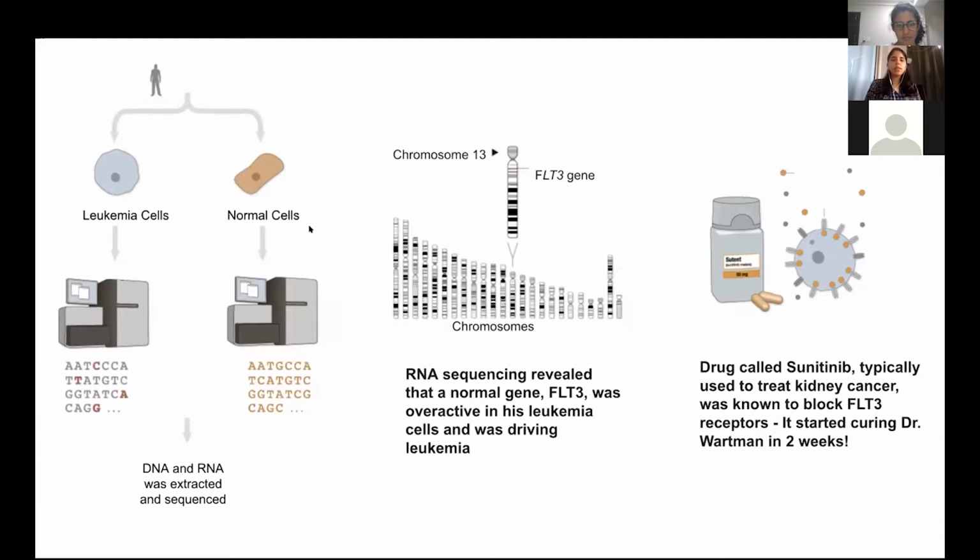So in RNA sequencing, one important step that we don't really care about in DNA sequencing is the number of copies of the RNA. Not every patient will have the same amount of FLT3 gene expressed. Maybe in you it's 10 times, maybe in me it's 15 times, maybe in Dr. Watman it was probably like 50 times. That's the major difference when we are trying to interpret these two sequencing approaches.